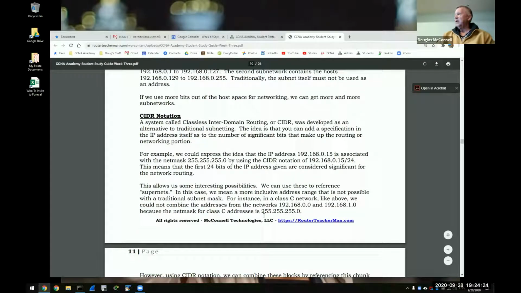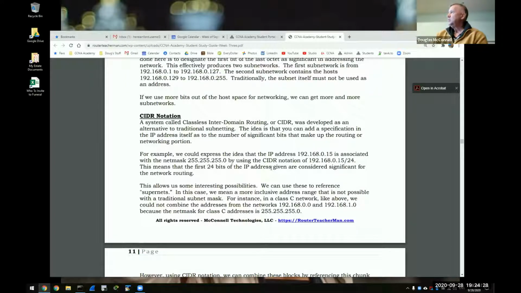This allows us to do something very powerful in subnetting, which is creating something called a supernet. A supernet is a more inclusive address range that is not possible with traditional subnet masking.